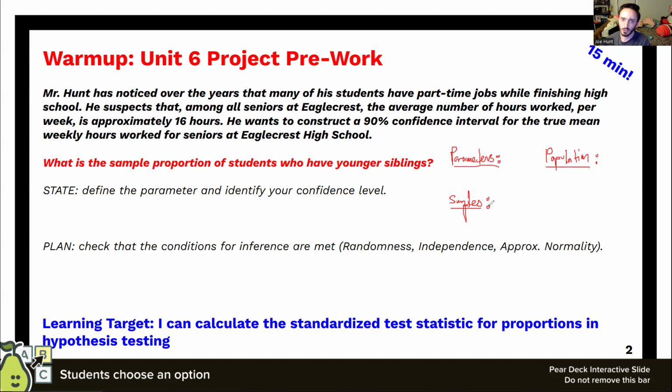So for our particular scenario, we're trying to figure something out about all Eagle Crest High School seniors. So for the population, I might say all EHS seniors. Now, I can't talk to all of them. So what I did is take a sample of some of them that I had here in my 1A and my 3A class that were willing to complete the data survey. In particular, I think we've got something like 21 seniors that completed that.